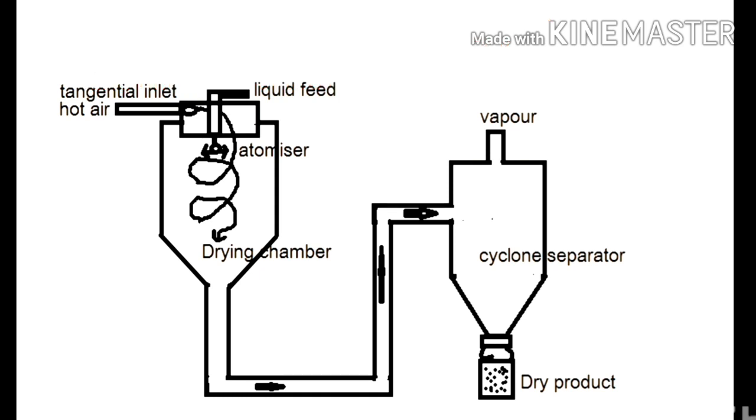These particles are dried during their journey and finally fall at the conical bottom. All these processes are completed within a few seconds and we can collect these dried particles through the cyclone separator.